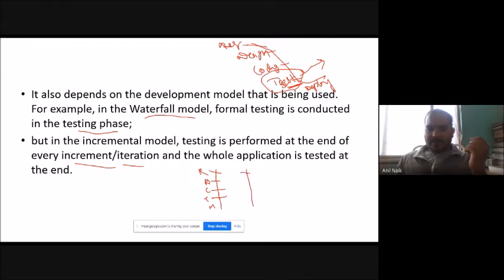The second iteration also has the same steps. For a particular small feature, we go for one iteration. So in the iterative model, we do the testing in each iteration: first iteration, second iteration, third iteration, up to n iterations depending upon the model.